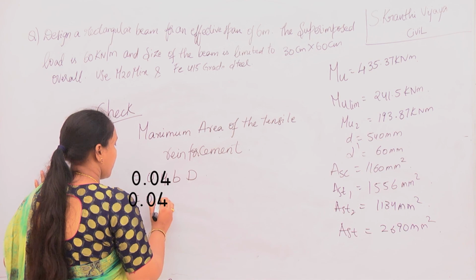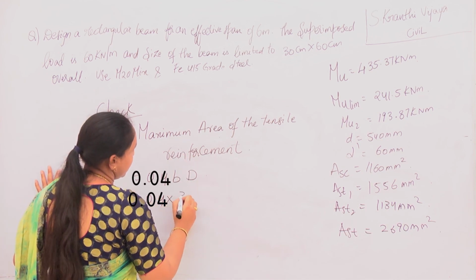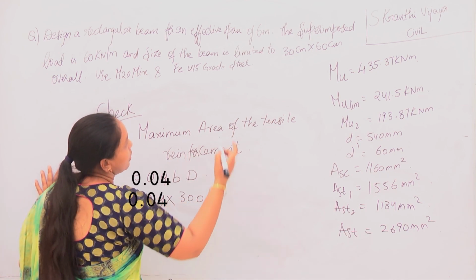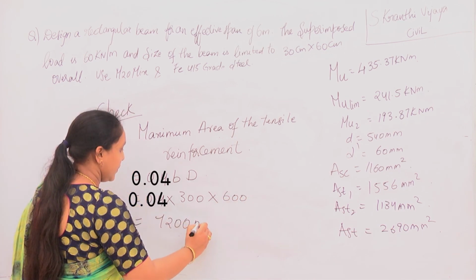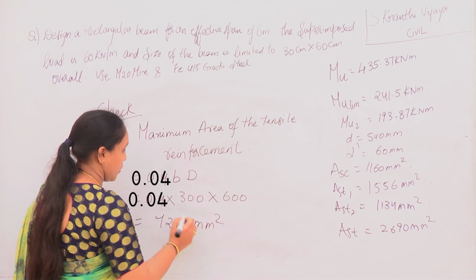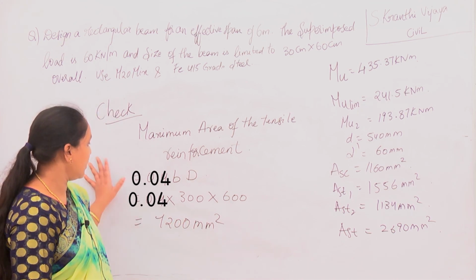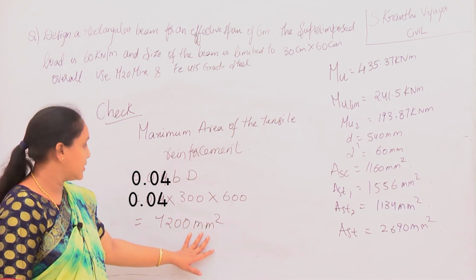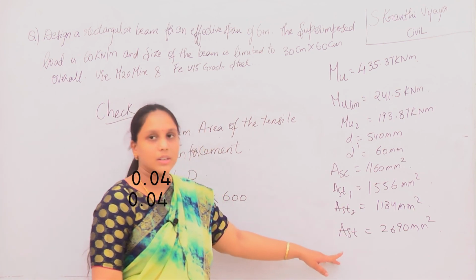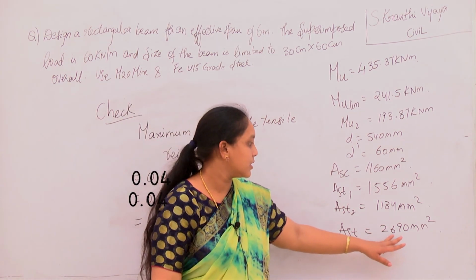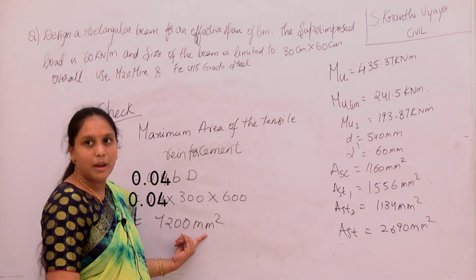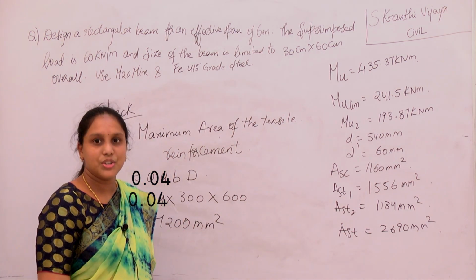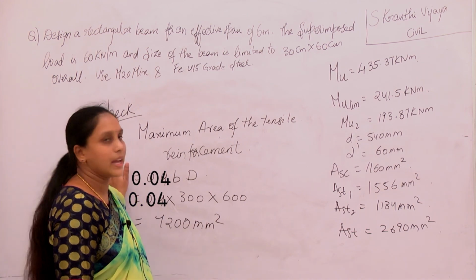So what is the B? It is 300 mm into, what is the D here? It is 600, that is 7200 mm square. So this is the maximum area of the tensile steel. Here, what is the tensile steel we have got? That is 2690 mm square. So the maximum area is greater, hence the check is okay. Hence the design is okay.